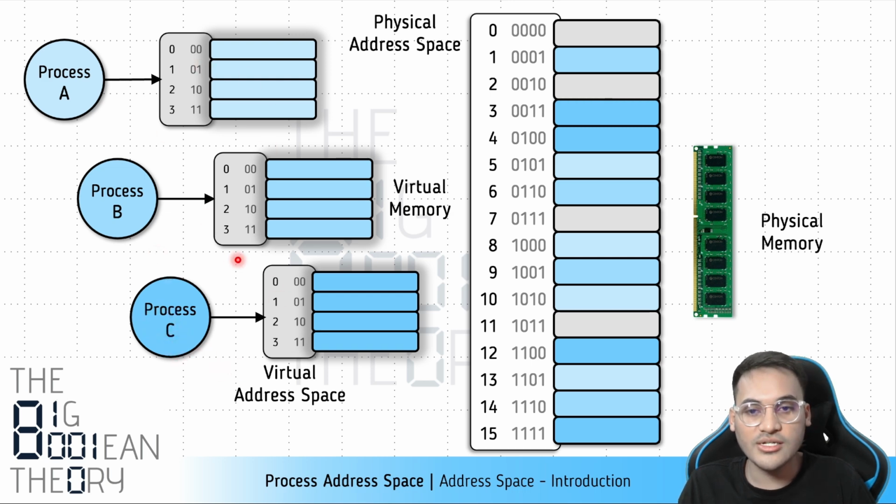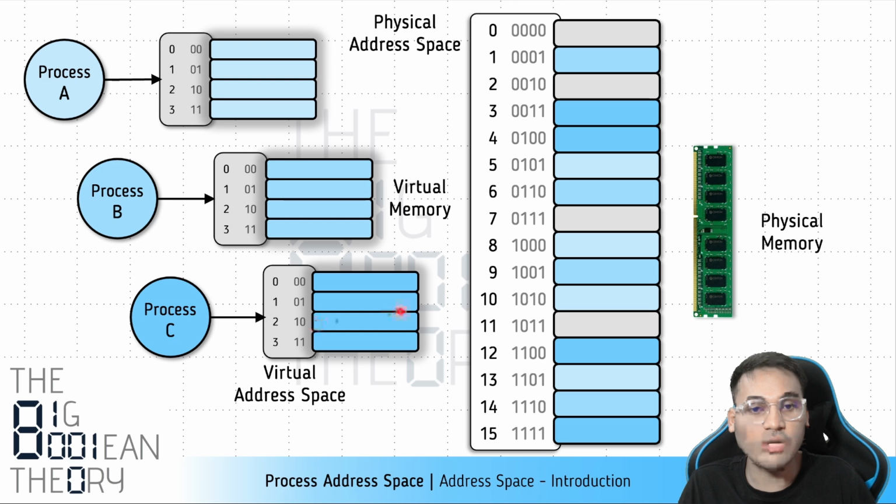So the virtual address space creates a view, which is a limited subset of the actual physical memory, and this view is how the memory appears to the processes. Now from the perspective of process A, memory is 4 bytes long and it only has its own data. Similarly, for process B, memory is 4 bytes long and it only has its own data.